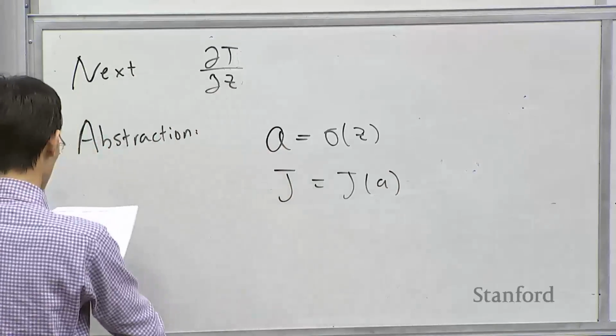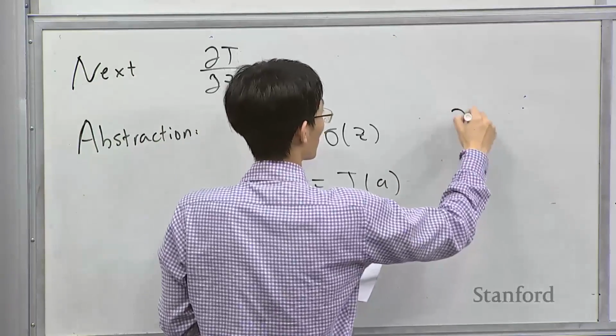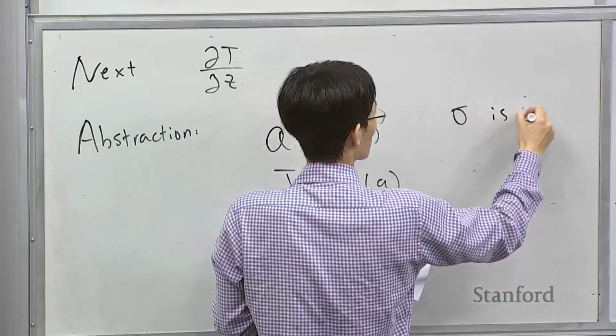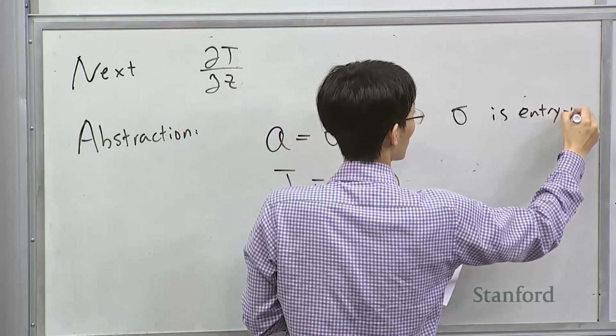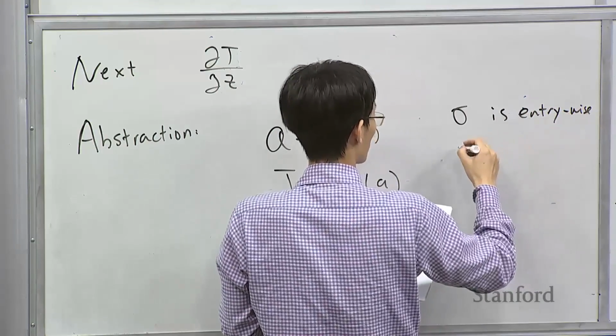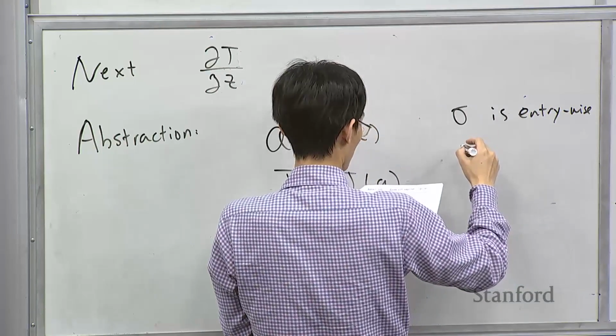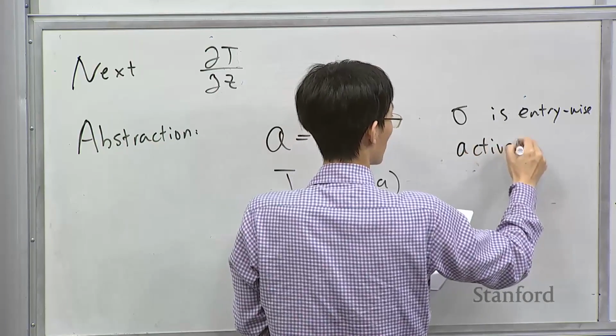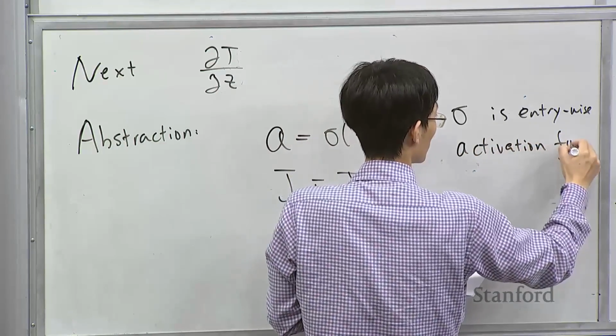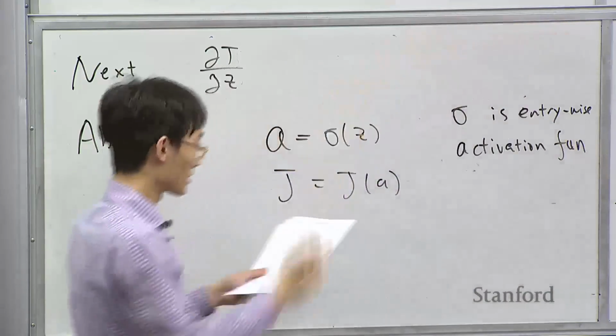And sigma is entry-wise, like an activation function. Sigma is the ReLU, basically.